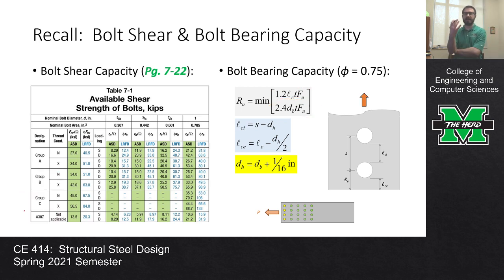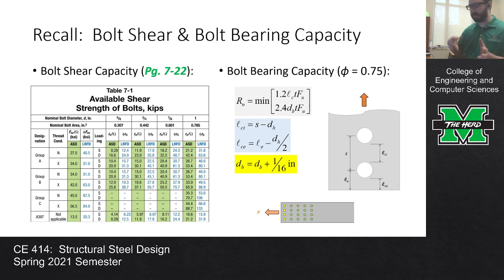We have two different Lc values. Lc is our clear distance, basically from edge of steel to edge of steel. For an interior bolt, it's the distance between edge of hole and edge of hole, so we take s minus a hole diameter. For the bolts on the edge, we take the edge distance minus half a hole diameter, because we're concerned with the distance between the edge of the bolt hole and the edge of the plate.